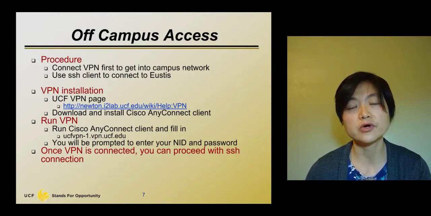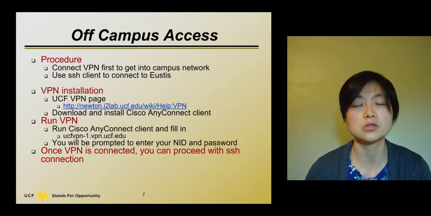The VPN function is they set up a secure tunnel and deliver your information to the campus network. After connecting, you will act like you're on the campus network. Since you have already gotten into the campus network through VPN, you can just use the SSH client as normal, as if you're on the campus network, and connect to Eustis directly.